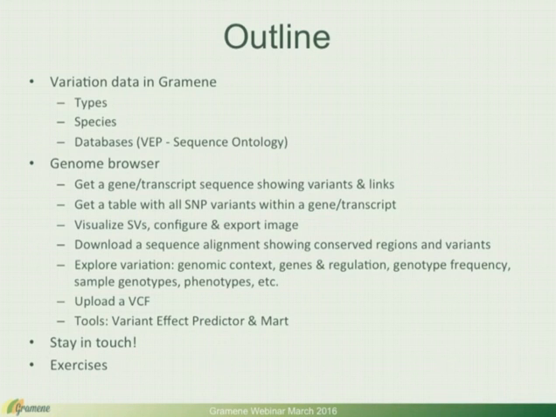And this is going to be followed by taking you to the genome browser using a gene as an example, and show you how you can display all variants for a given gene or transcript, get a table with all the SNPs, visualize a structural variation, download an alignment, explore a specific variation, upload data of your own, use a couple of tools that we have to analyze variation data, and how to get in touch with us.